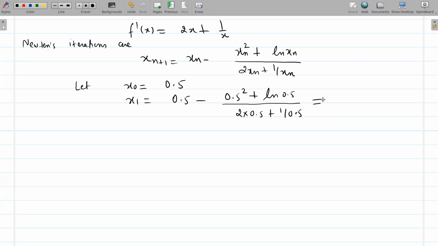So simplify, this answer is 0.647716. Now fit this answer, 0.64 here, replace x(n) with this number.